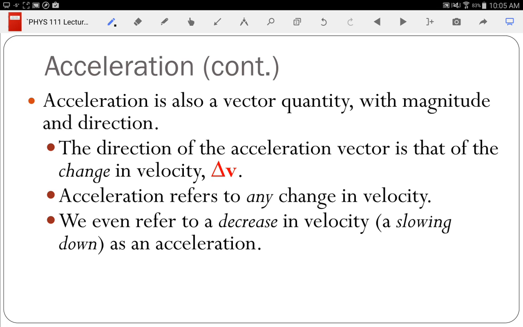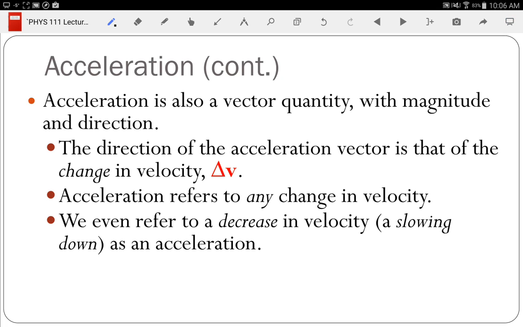What else would be an example of an acceleration? Doing what? Not just going backward. Slowing down. Or, you could be stopped going backward and speeding up going backward. So slowing down is also a change in velocity. So that's also an acceleration.